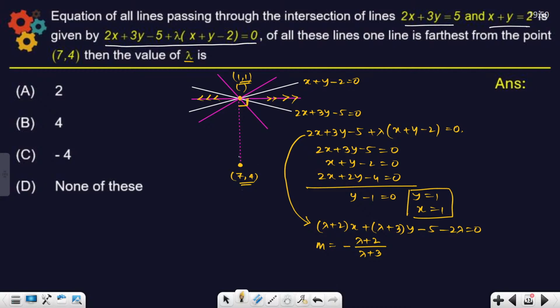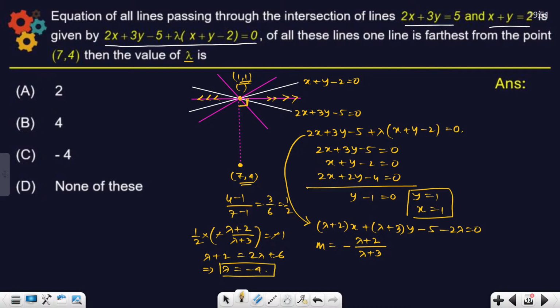So what is the slope of the line joining these two points? It's 4 minus 1 over 7 minus 1. That's half. Since they're perpendicular to each other, half times the slope equals minus 1. So if I solve, I will get the value of lambda. We are getting lambda as minus 4. Hence your option C is correct.